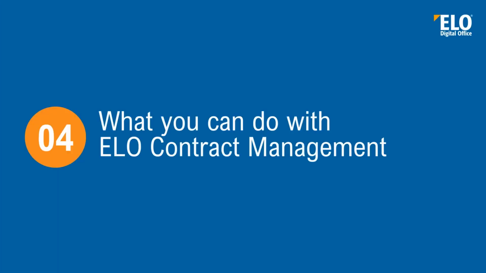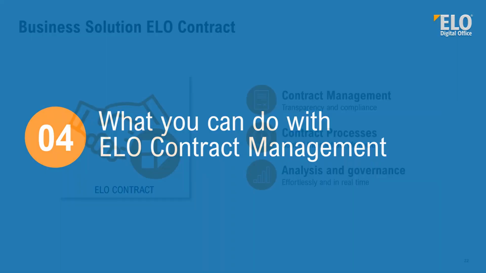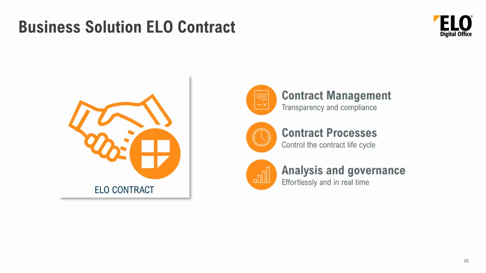So what can you do with ELO contract management? Well, it's for contract management, for transparency and compliance reasons. You can control the contract lifecycle with automatic notifications, and you can see with the dashboard when the contract started, when it ends, and so on.